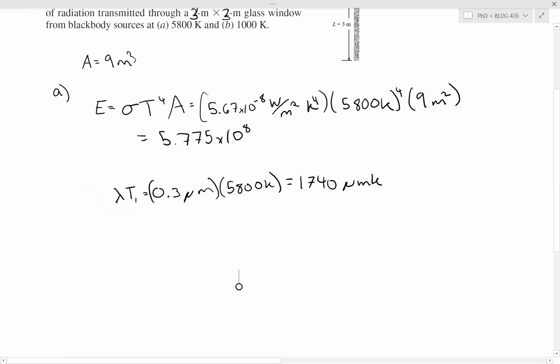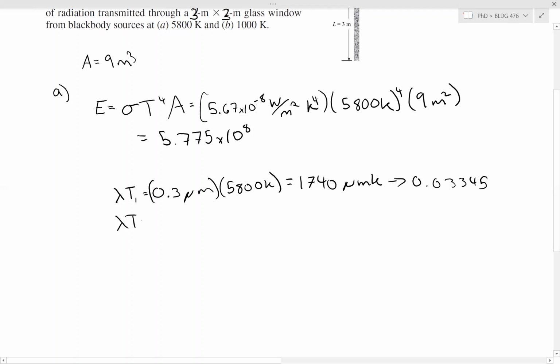Sorry, guys, I'm having some pen troubles here. All right, looking up on that table, we get 0.033.